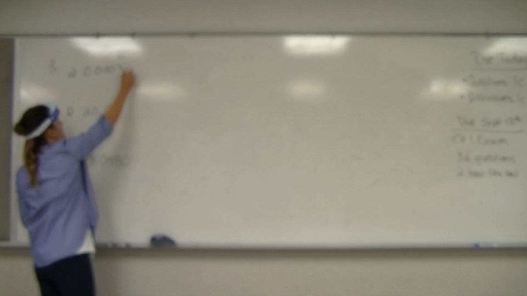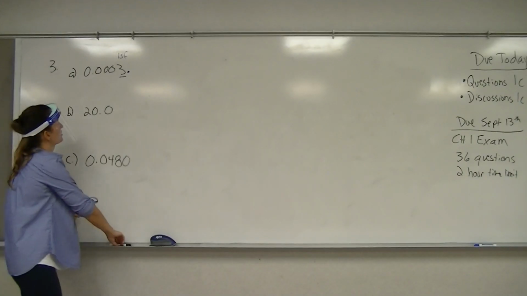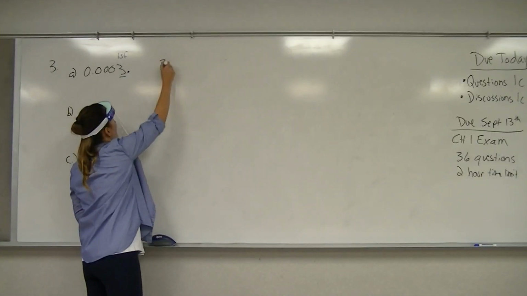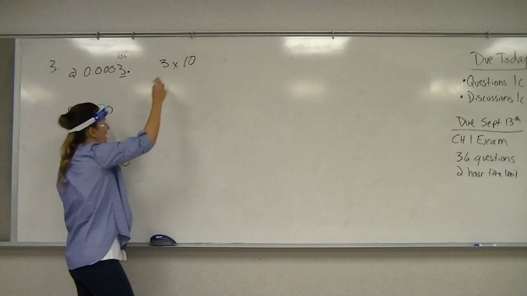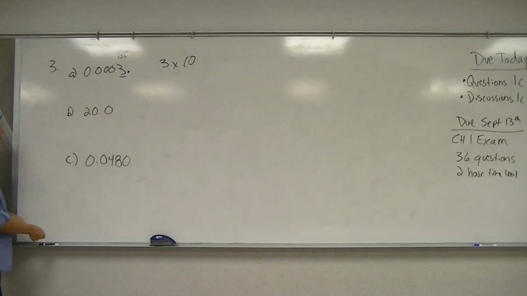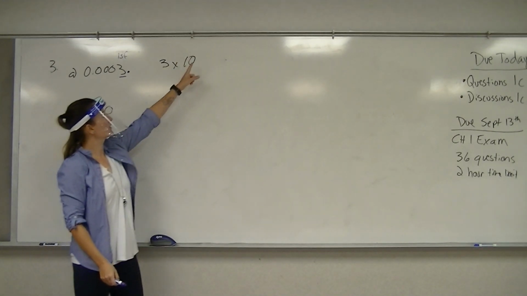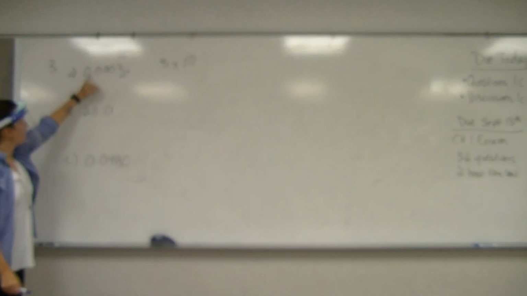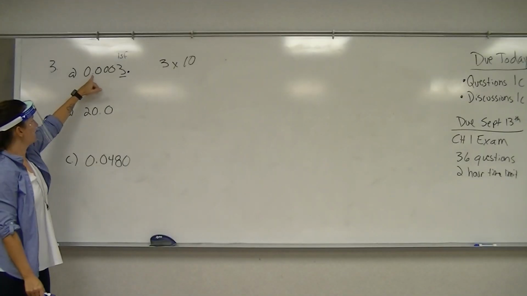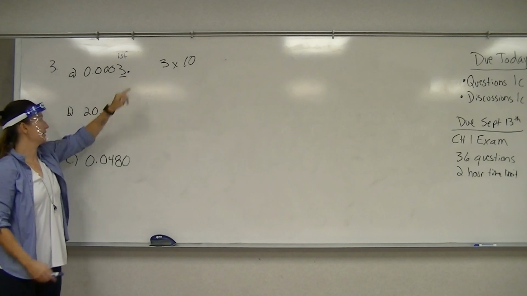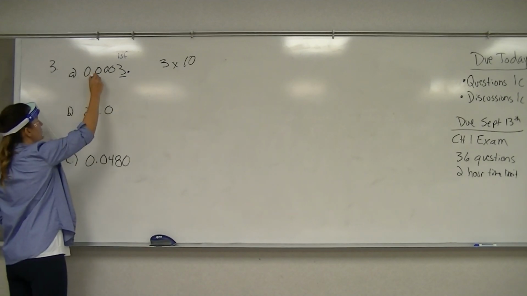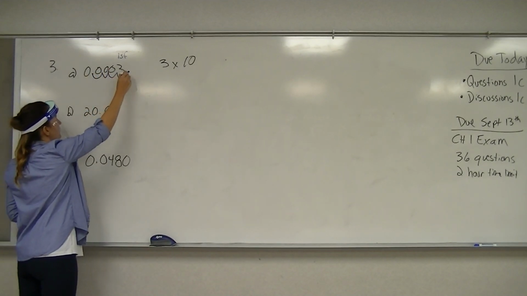That way I just have 1 to the left. So it's going to be 3 times 10 to the, and now we need to figure out the exponent. This exponent is the number of times I have to move that decimal to get it from where it originally is to where I want it. So it's 1, 2, 3, 4.